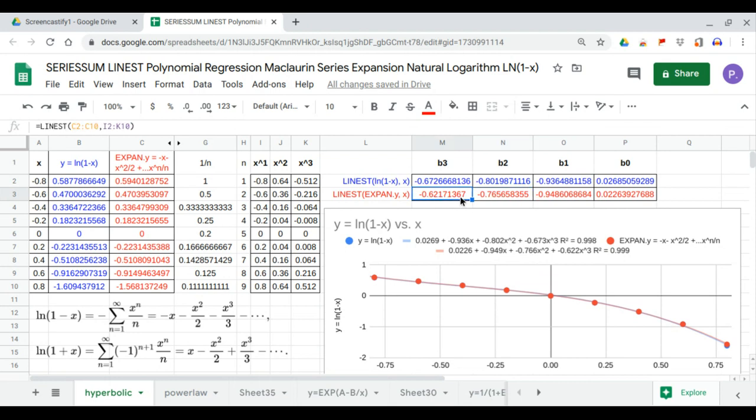And B3 is negative 0.6217, rounded up as negative 0.622. So this completes the polynomial regression using series sum and LINEST of a Maclaurin series expansion of the natural logarithm ln(1 minus x).